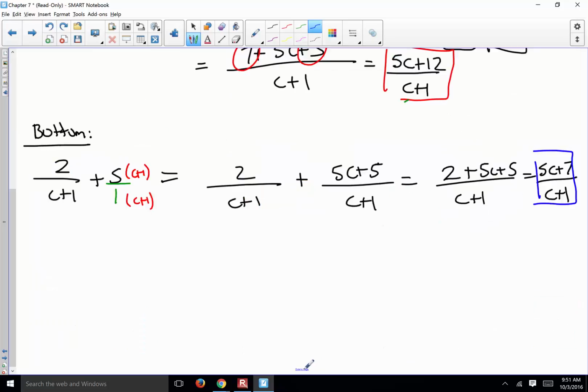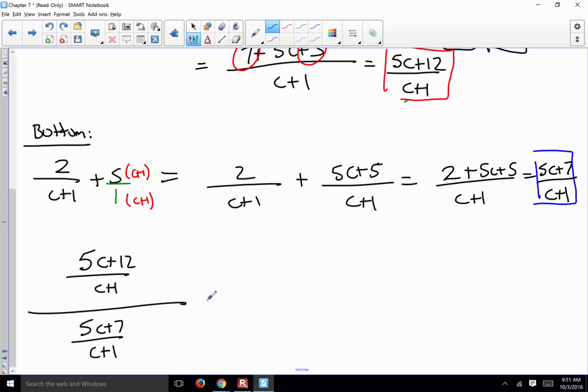I combine top and bottom now. 5c plus 12 over c plus 1 is what you have on the top. Bottom is 5c plus 7 over c plus 1. Flip and multiply.